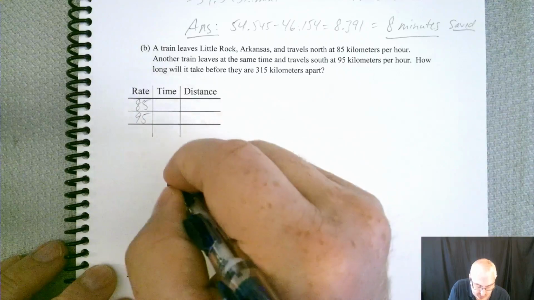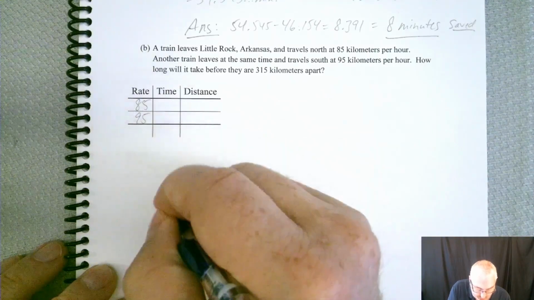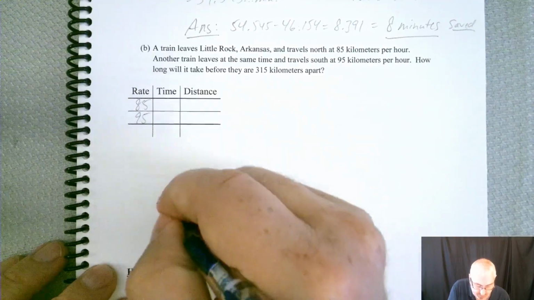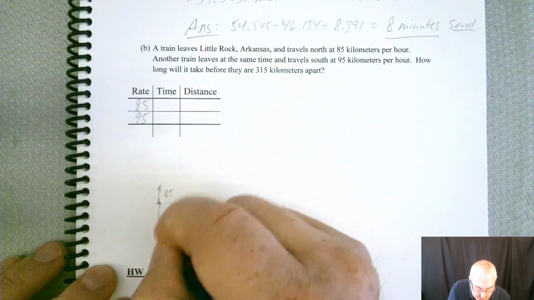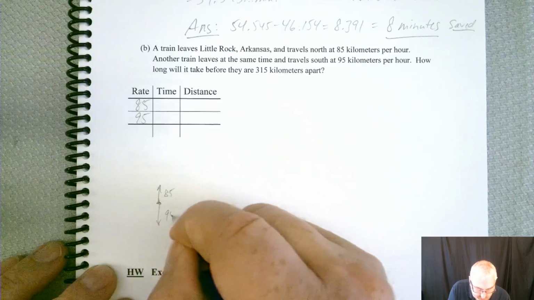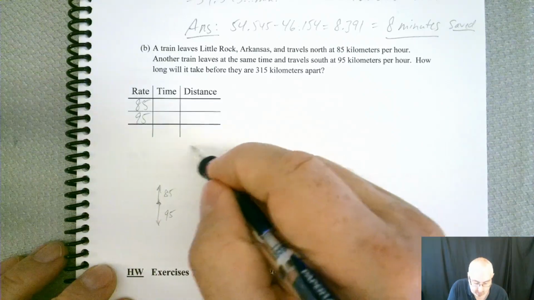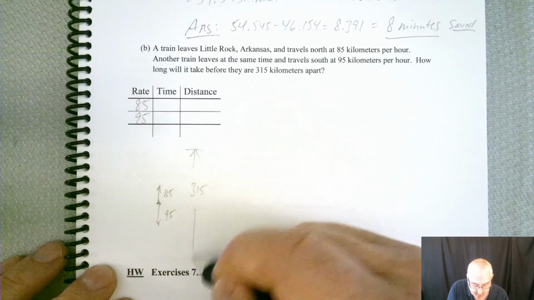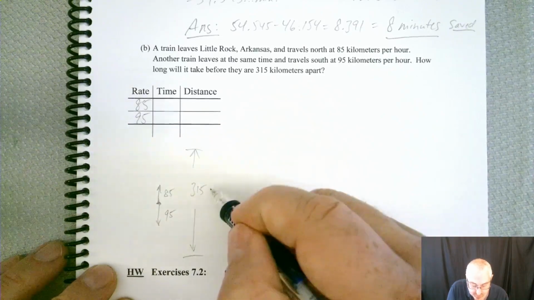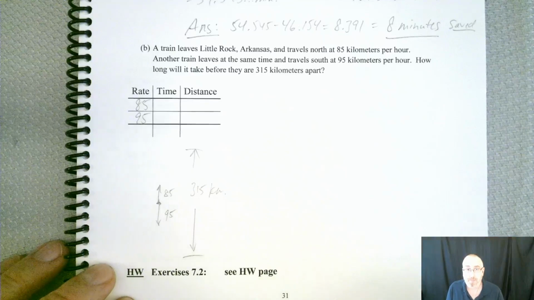All right, so let's just draw a little diagram here. Okay, here's the train station. One's going north at 85 and one's going south a little faster at 95. But we want the entire distance to be 315 kilometers apart.